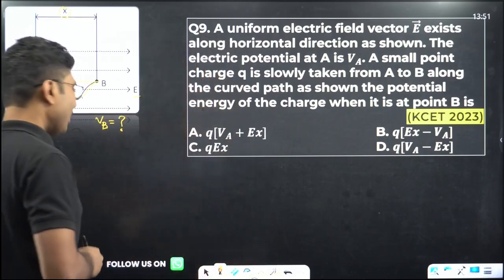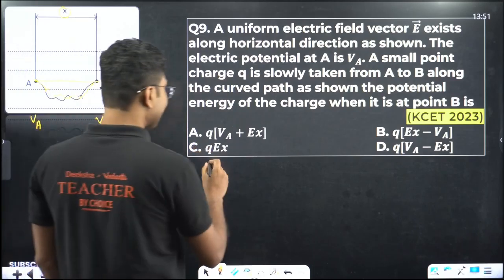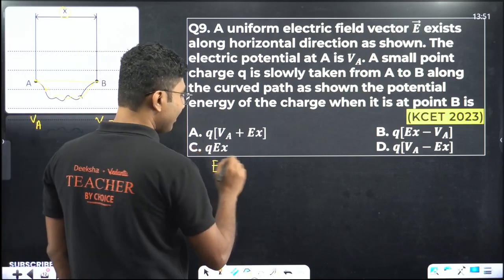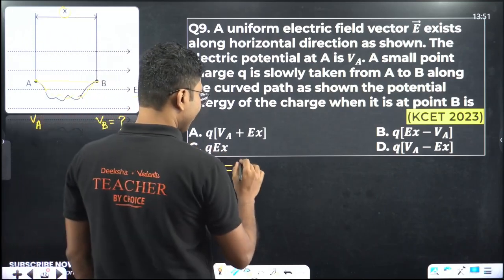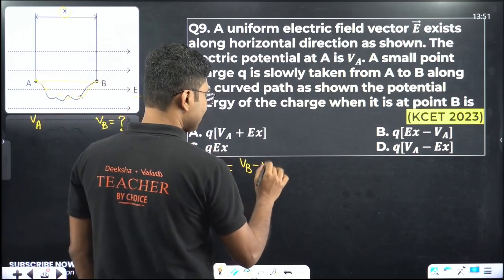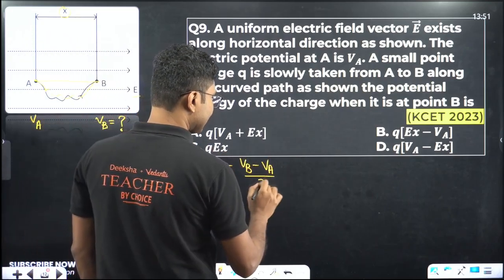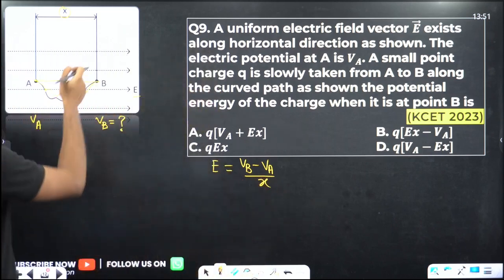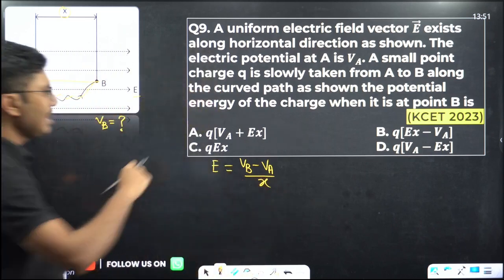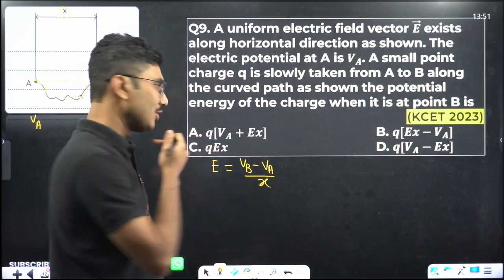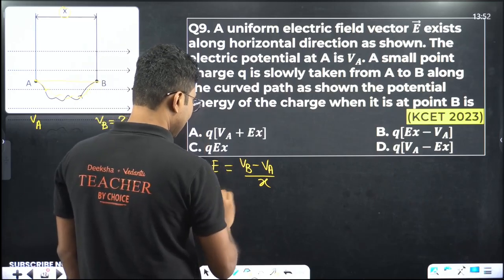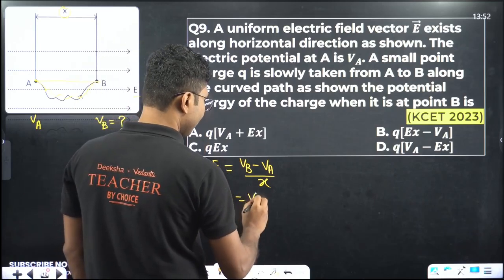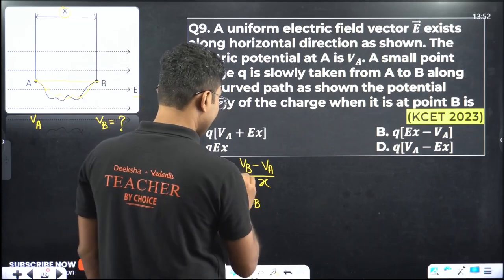Now the relationship between electric field and potential is basically VB minus VA by x, right? dV by dx. Final potential minus initial potential by x is the electric field. So from here you can calculate E x equals to VB. There is a minus sign also.